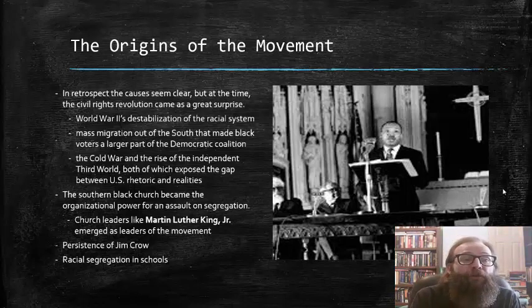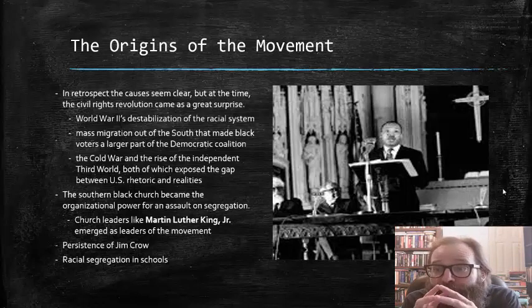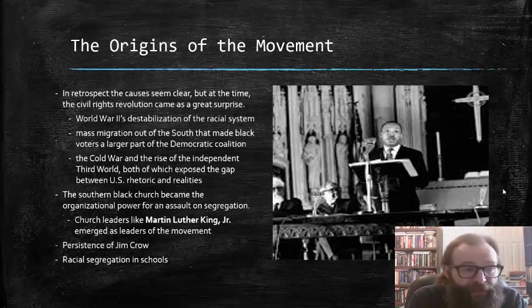Undergirding this surge was World War II's destabilization of the racial system, the mass migration out of the South that began in the 19-teens and continued in this period that made black voters a larger part of the Democratic Party's coalition. Also, the Cold War and the rise of the independent Third World, both of which exposed the gap between U.S. rhetoric and the realities of the American experience at home.